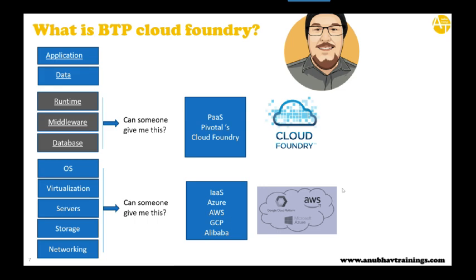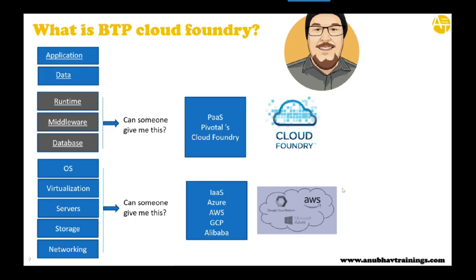So in short, BTP is a platform as a service which runs on top of infrastructure provided by Amazon, Google, or Microsoft. In a simple way, if you go for lunch with your manager tomorrow and they ask you what is BTP, can you tell me in one line?